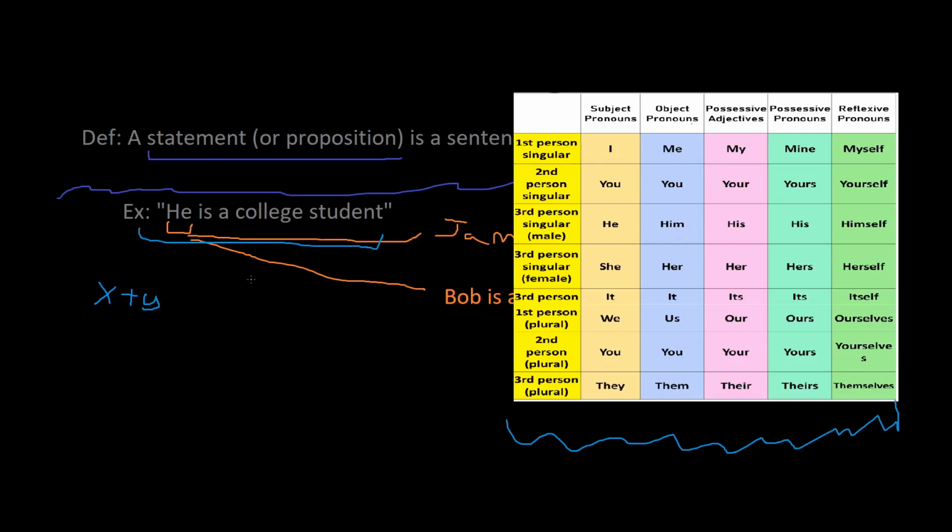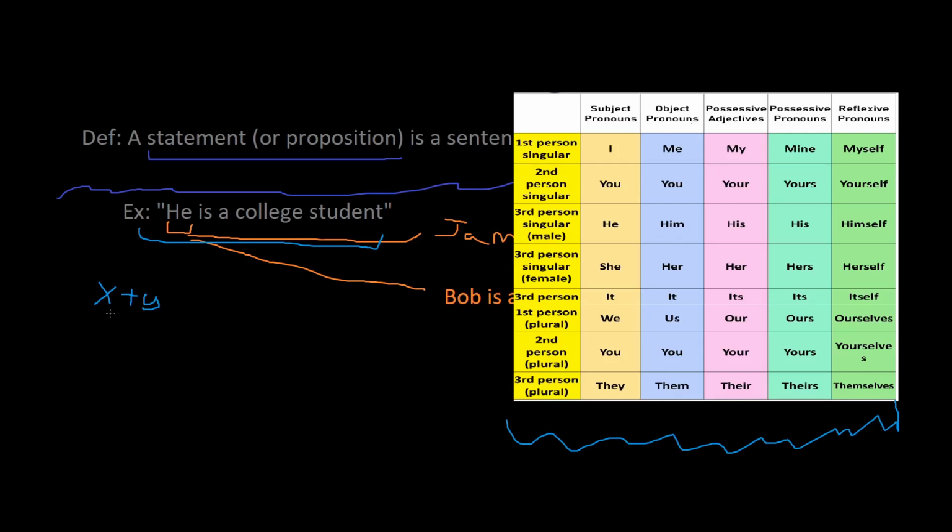I'll give you an example of some nouns: Bob, James, right? Those are some forms of nouns. Now let's take a look at another example. Now that we understand what it means to be a pronoun and why this statement can be either true or false, let's go right here.